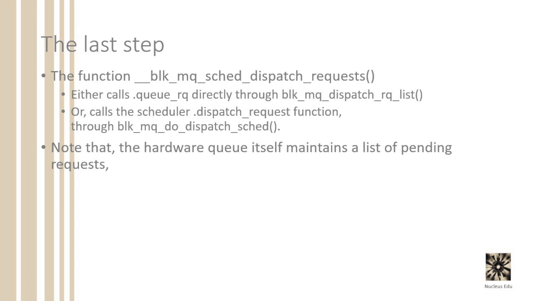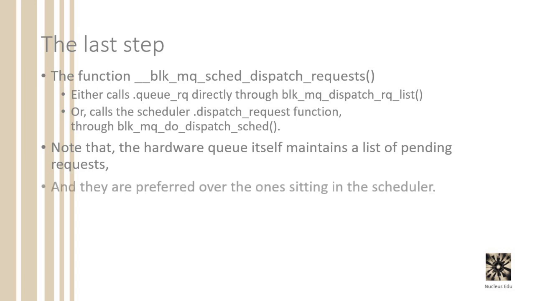The logic here is that once the request is taken out of the scheduler, the chance of it getting merged or the chance of it getting submitted in one go is lost. So unless we have pending requests in this hardware queue itself, the request from the scheduler is not going to get touched.